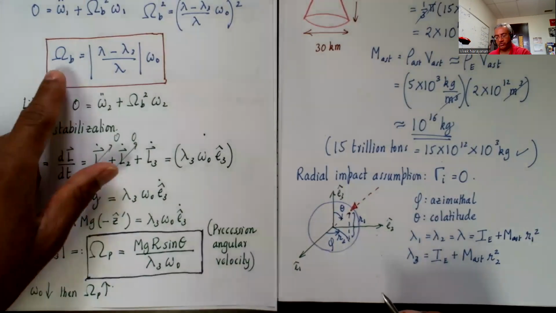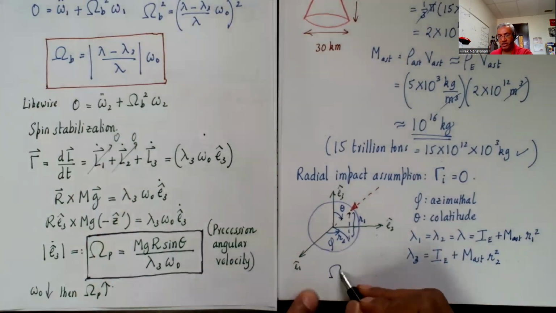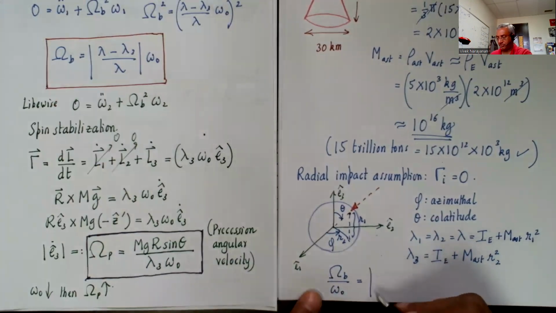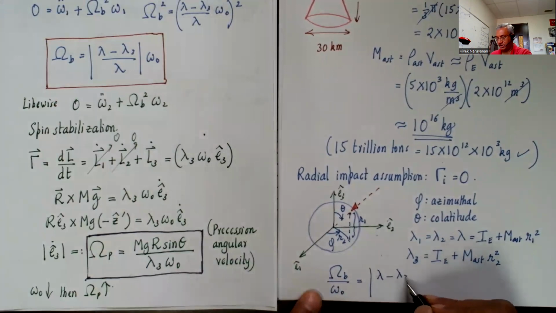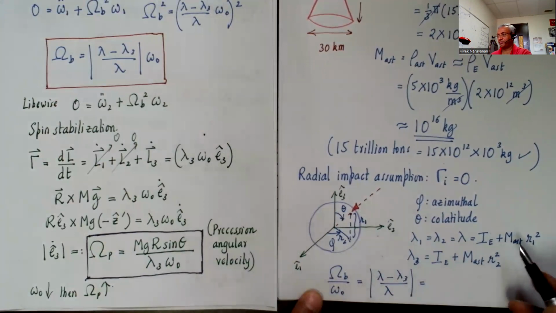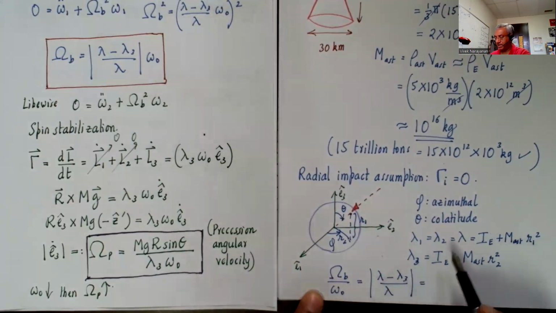So we're going to use this omega b, and I'm going to divide by omega naught. What is that going to be? Well, that is the absolute value of lambda minus lambda 3 divided by lambda. And now I'm going to substitute all these things. If I substitute lambda minus lambda 3, both of them have got the moment of inertia of the Earth, so that'll cancel out.